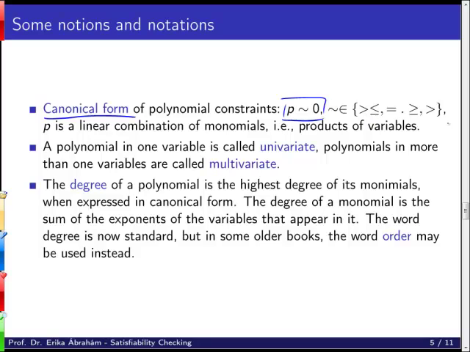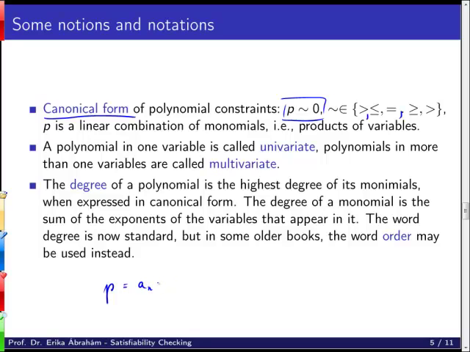The comparison operators can be any of those, because I can express them also with the negation and the conjunction. And I expect that this P is also in a certain normal form in that it is a sum of monomials. That means the polynomial P is a sum of some terms.